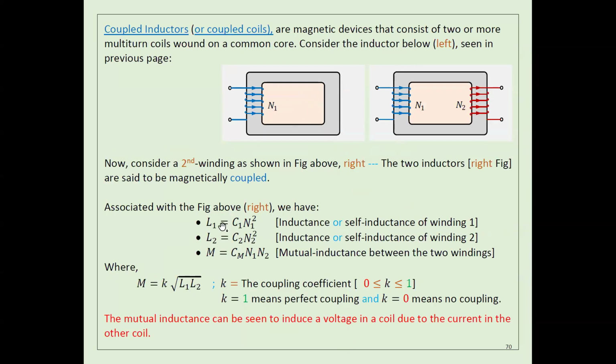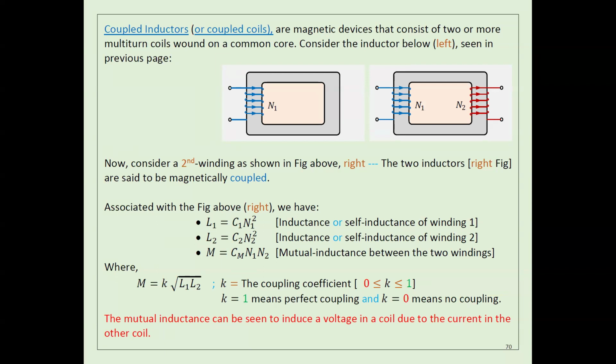The second one here, you can see L1 equals constant 1 times N1 squared, L2 equals C2 times N2 squared. And then we have something, as I told you, we call it M, mutual inductance. This is still the inductance of winding 1 and winding 2. This one is mutual.